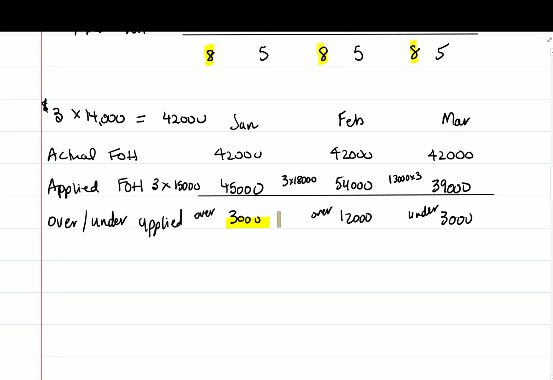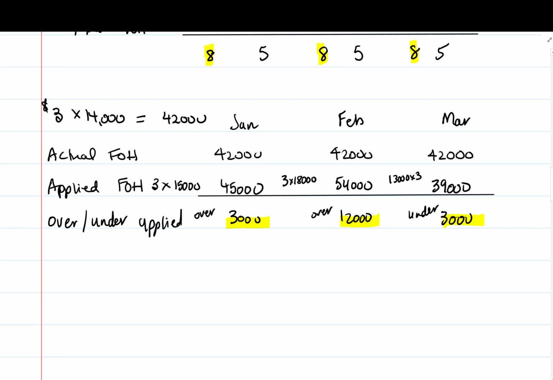So this difference is going to go on our income statement every month. So in this question we're not changing how much fixed overhead is in our inventory on the balance sheet every month. We're fixing it to the income statement. So it's a little bit different of a question that way.